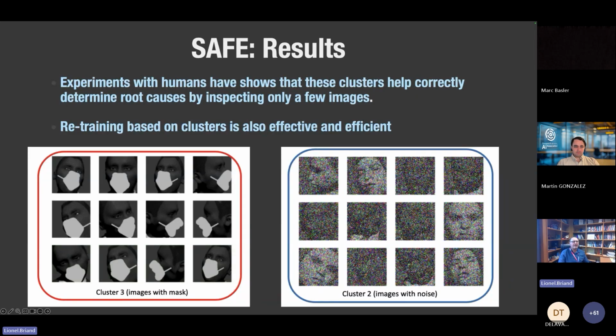And we found out that people were pretty accurate in many situations. So that by analyzing only a few images per cluster among hundreds of images, they were able to understand the conditions that triggered those mispredictions, such as a driver wearing a mask, for example.